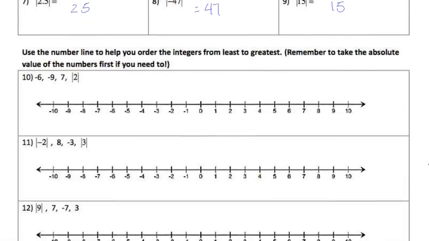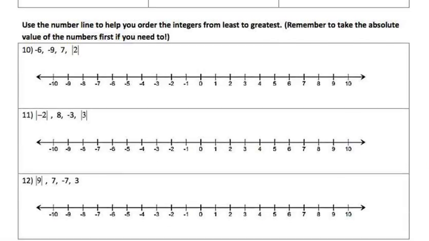All right, our last section we're going to go over says use the number line to help you order the integers from least to greatest. Remember to take the absolute value of the numbers first if you need to. So right here I have the absolute value of 2, so I'm going to make that 2 because that's what the absolute value of 2 is. And I'm going to plot these on the number line just so I can get some practice. So this is negative 6, and then I have negative 9, and then I have 7, and then I have this 2 here.